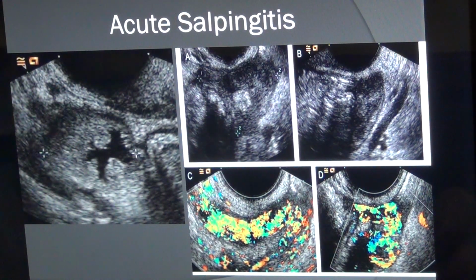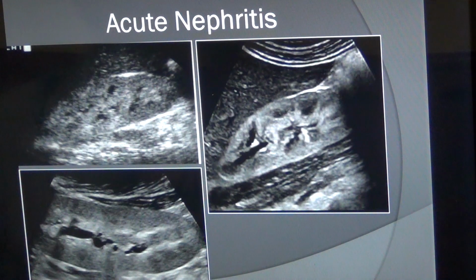Okay, let's move on. Acute nephritis. Look, the acute nephritis, we can call it acute glomerulonephritis. So children are most commonly victims. And this acute nephritis, it could be a bacterial cause, it could be an autoimmune disease caused by antigen antibody reactions.